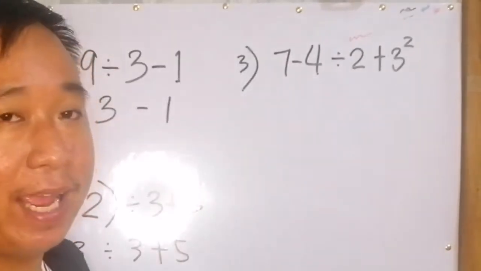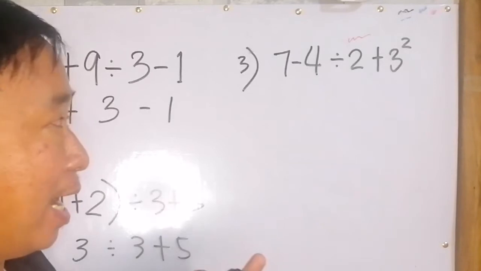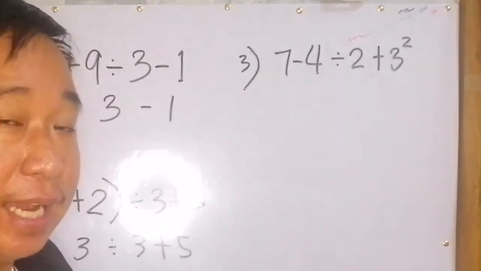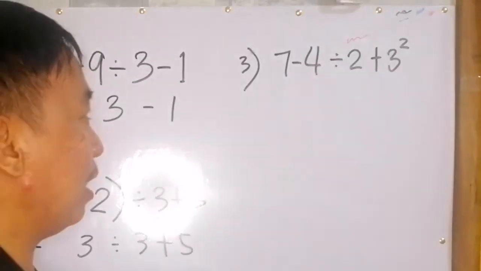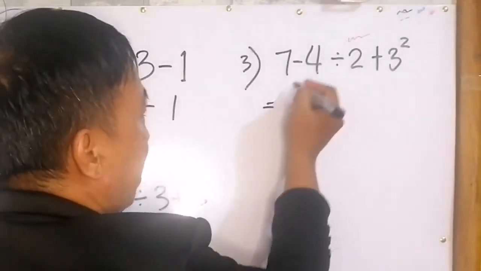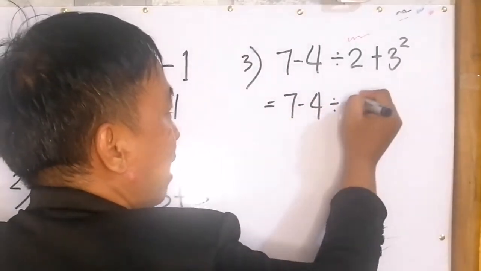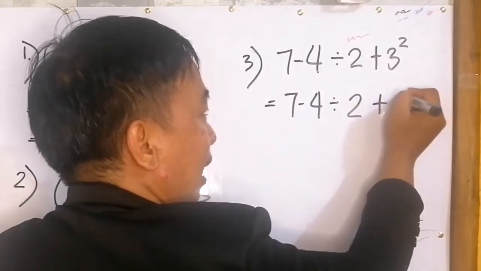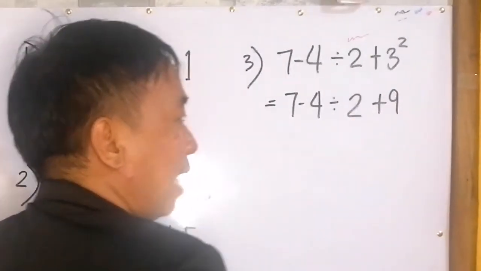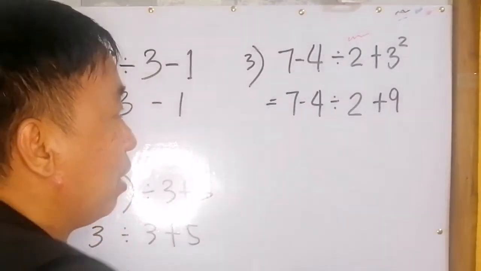There is none. Is there an exponent? The second agreement? Yes. So we are going to simplify first the exponent. Copy 7 minus 4 divided by 2 plus, simplify this exponent, that is 9. 3 squared means 3 times 3, which is equivalent to 9.